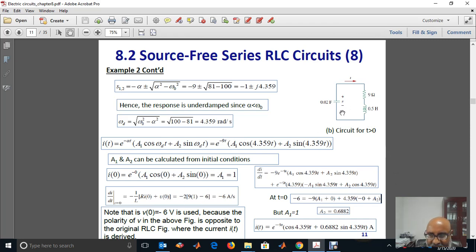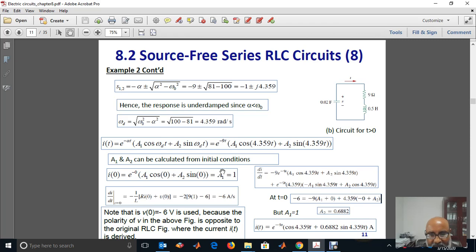Why? Because originally, when we derived the series RLC circuit, this polarity was plus and this polarity was minus. But here v is 6 volt. Therefore, to make it similar to the original circuit, v at 0, the initial condition, will be minus 6 volt. And we now have di by dt at t equals 0 as minus 6.